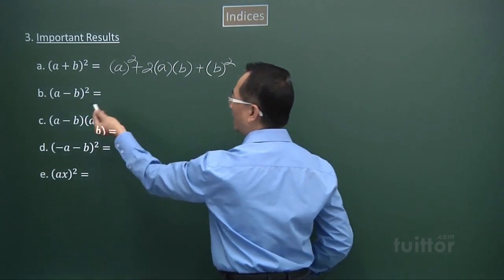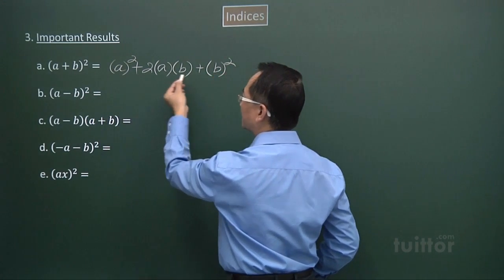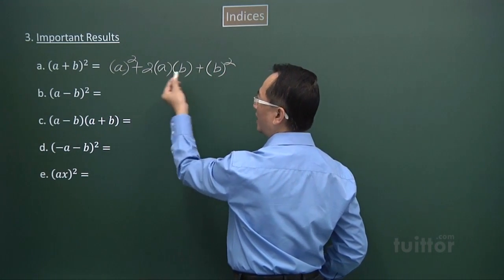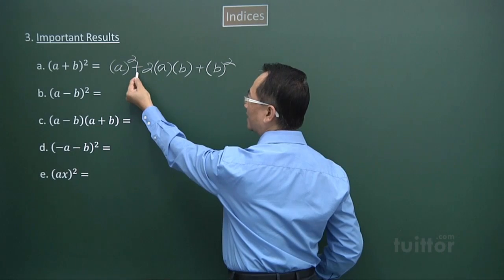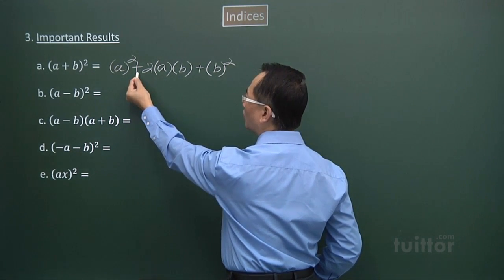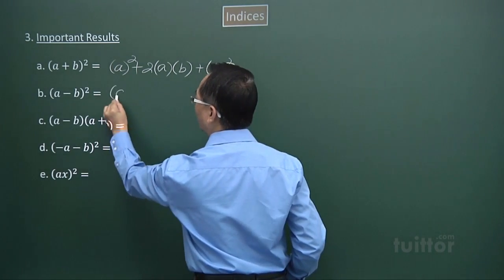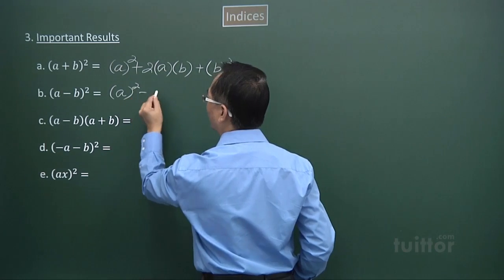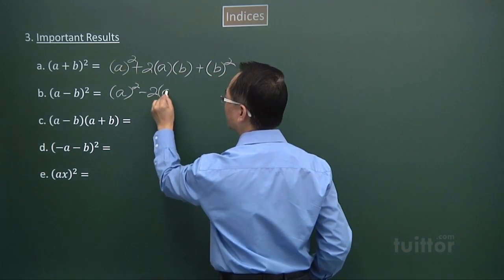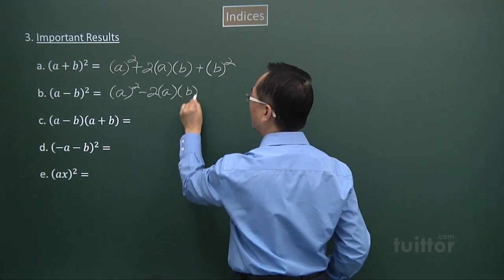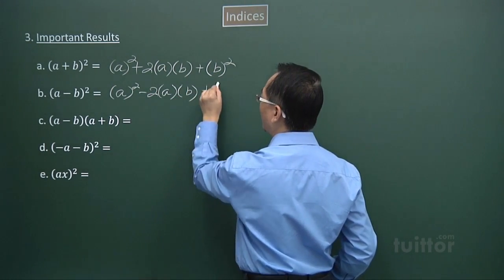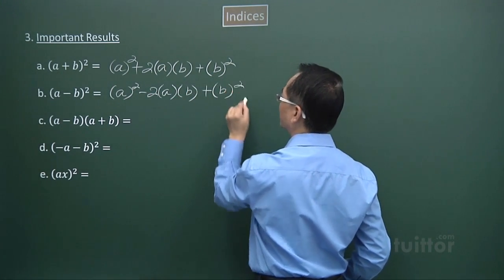As for part B, it will be just like this expression, except that the first sign here in part A is a plus, in part B will be a negative. So I will have a squared minus 2 times a times b plus b squared.